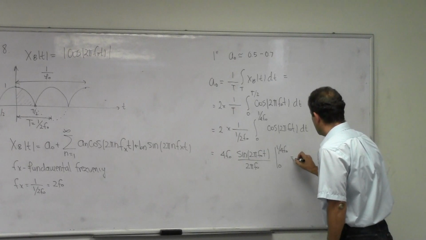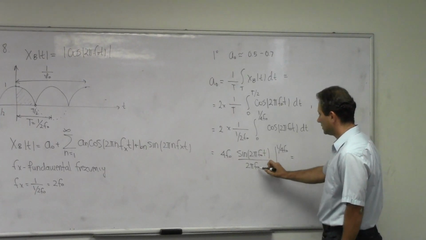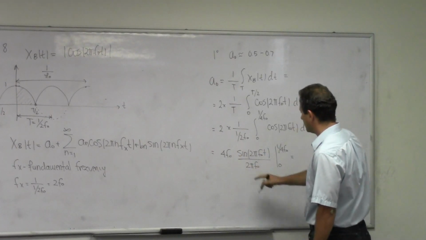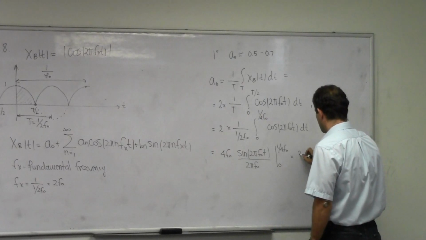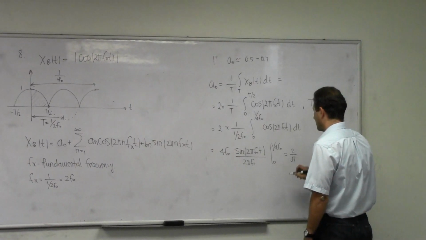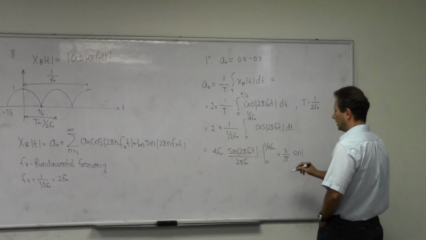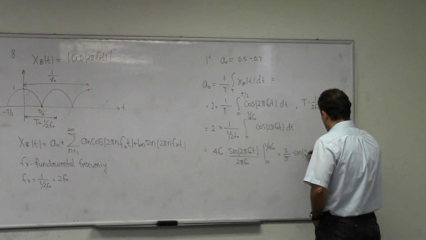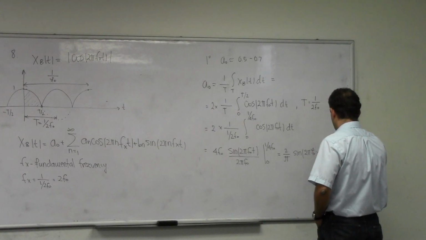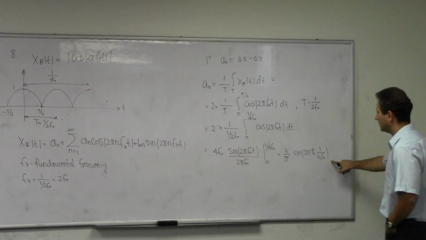You can see there are a lot of things that cancel here, f0 and f0, 4 and 2 pi, so this is 2 over pi, and then sine of 2 pi f0 times 1 over 4f0. What is the value of this?